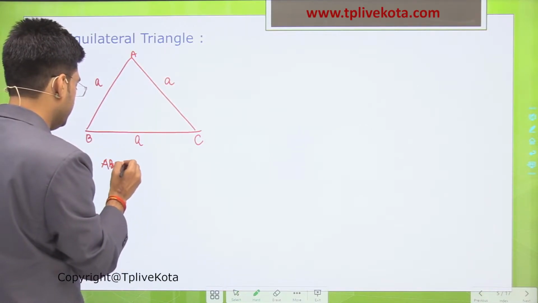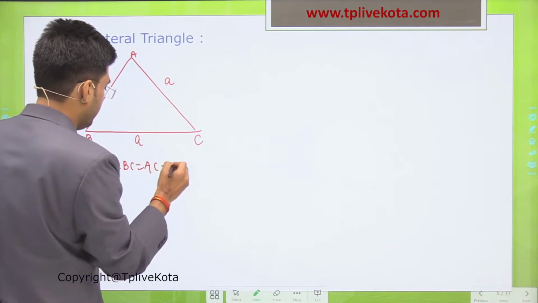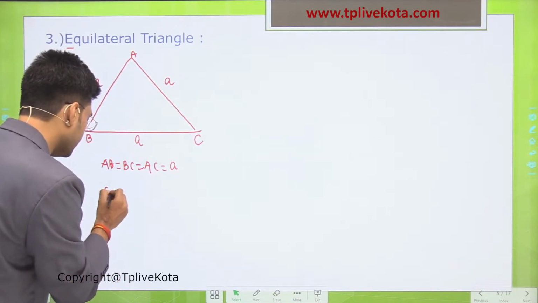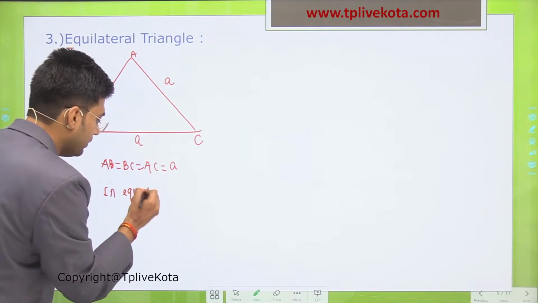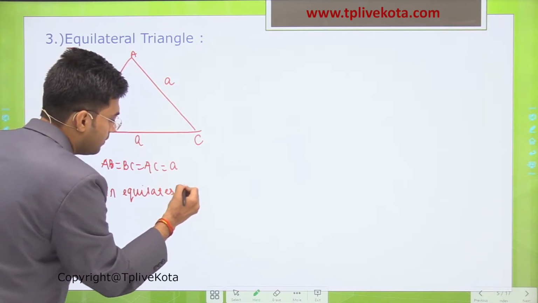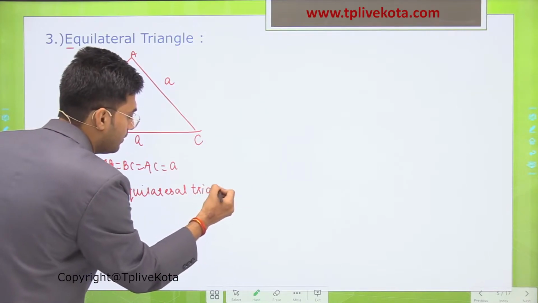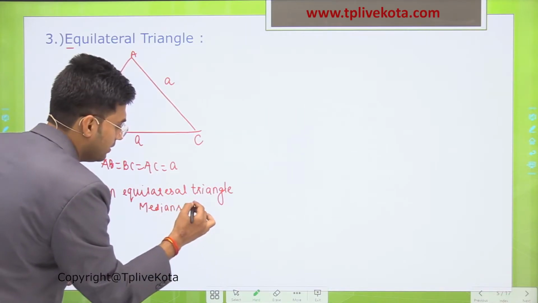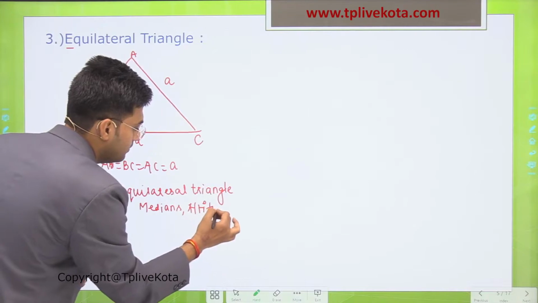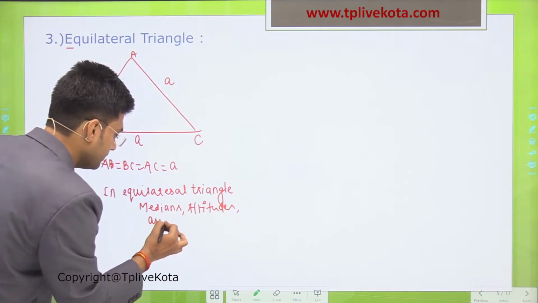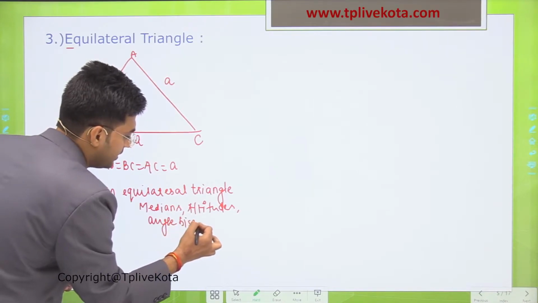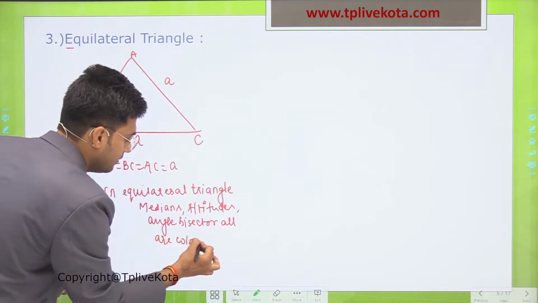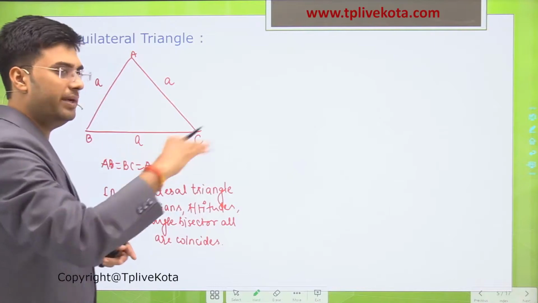AB equals BC equals AC, all are equal to A. Clear? Now in an equilateral triangle, medians, altitudes, and angle bisectors all coincide.